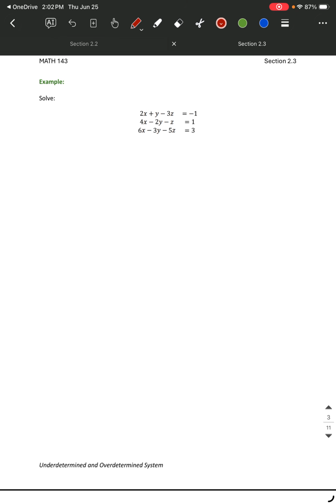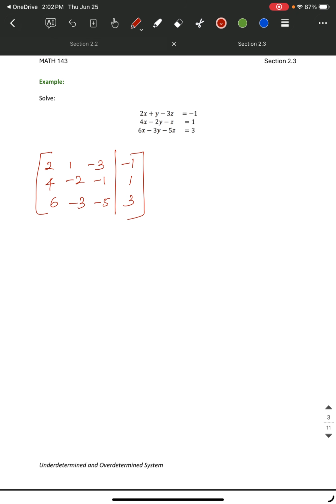Okay, let's begin with the example. In the given example, we have 3 equations and 3 variables. The first step is always to write the augmented matrix. So let's write the augmented matrix: 2, 1, negative 3, negative 1; 4, negative 2, negative 1, 1; 6, negative 3, negative 5, and 3.